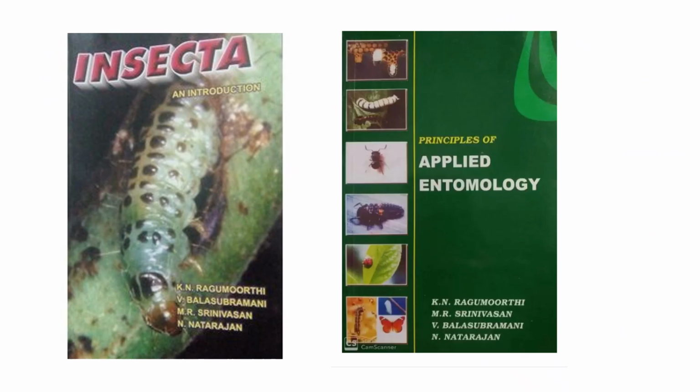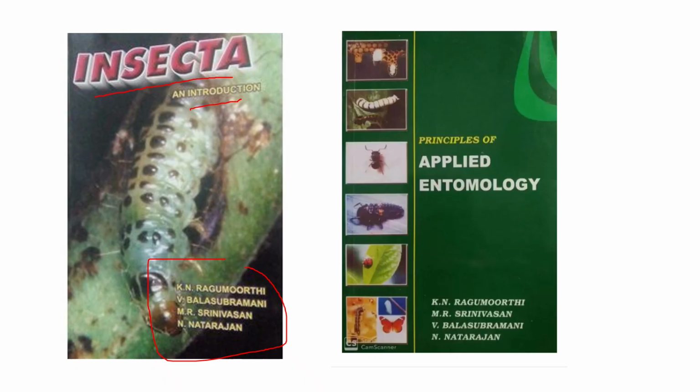There are two basic books with respect to the agricultural entomology subject. One book is Insecta, an introduction, and another one is Principles of Applied Entomology. Both books are written by the same authors, Raghumurthy, Balasubramani, Srinivasan, and Natarajan.